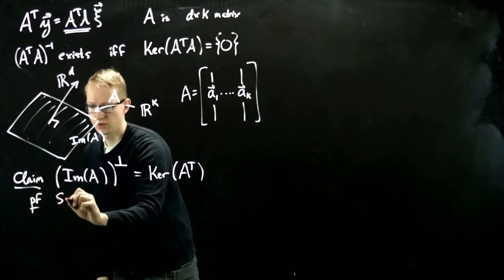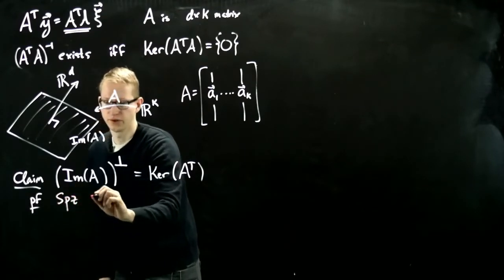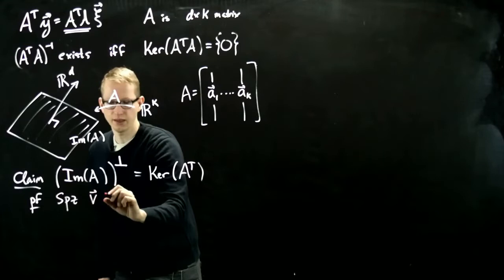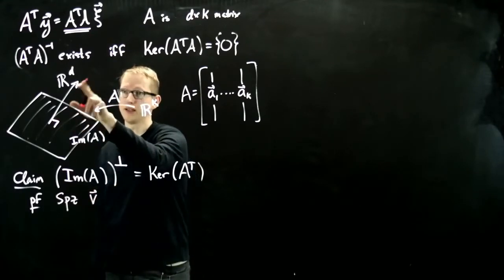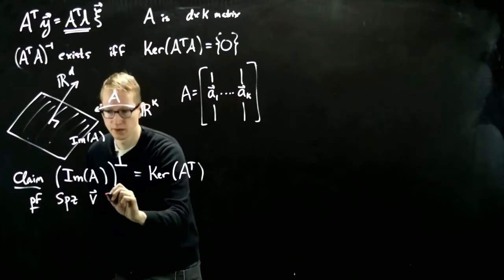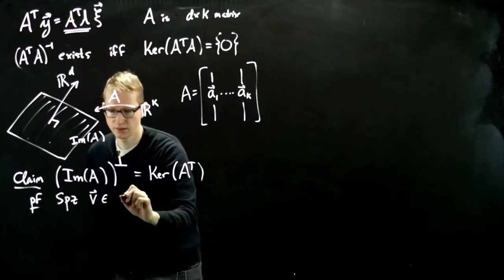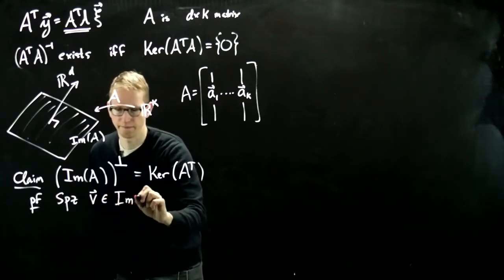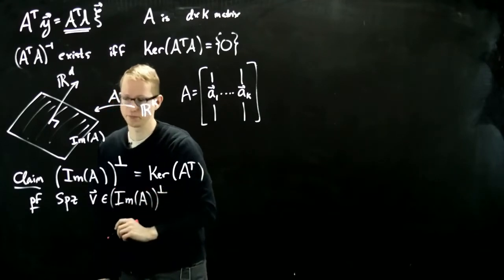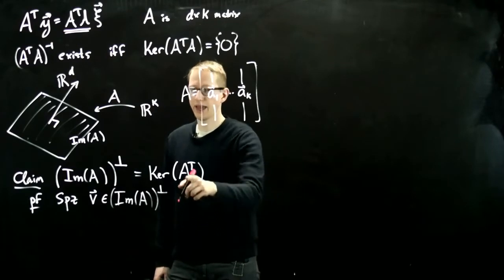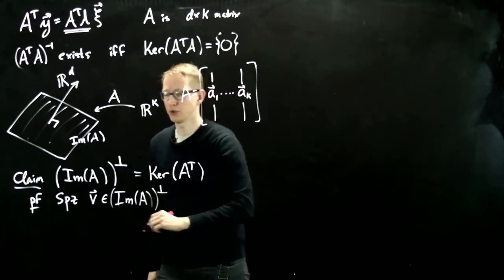So suppose that the vector V is, let's start with being an element in the orthogonal complement. So let's say V is perpendicular to the image of A. And then let's see if it's in the kernel of A transpose.